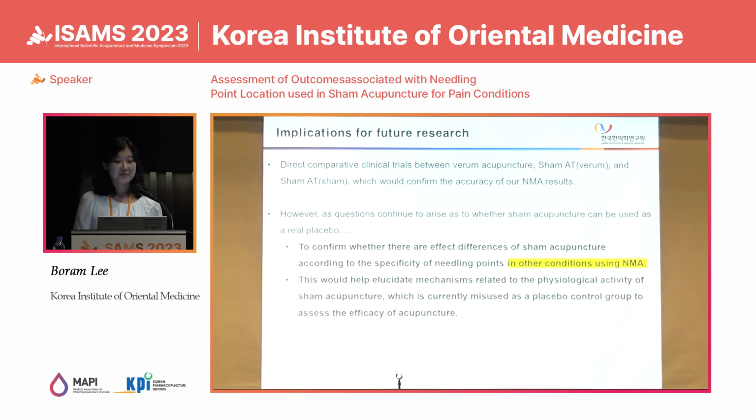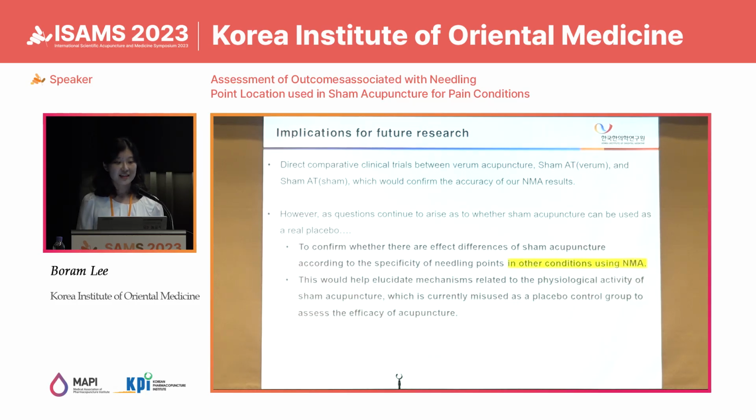As for the implications for future research, it is possible to conduct direct comparative clinical trials between verum acupuncture, sham acupuncture at verum point, and sham acupuncture at sham point, which would confirm the accuracy of our network meta-analysis results.